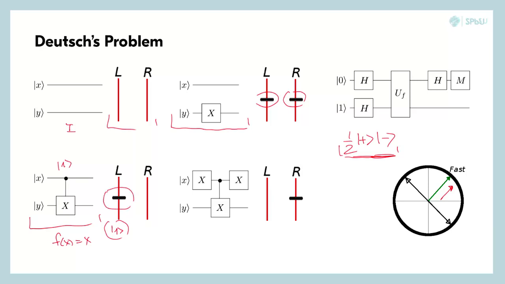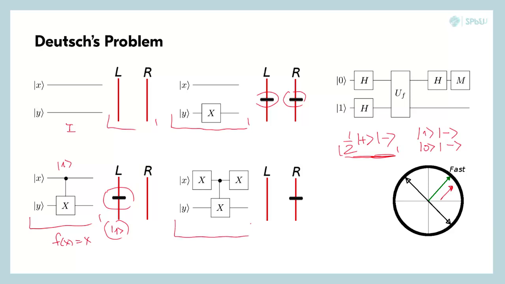So for this vector, we have multiplication by -1, and for this vector, we don't.